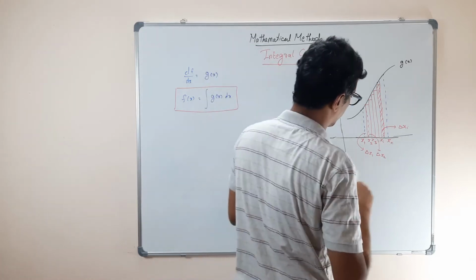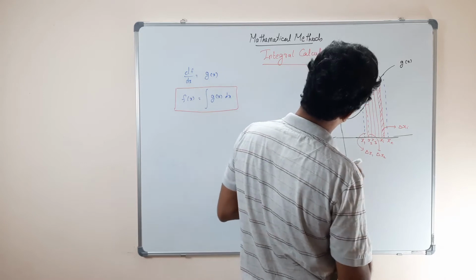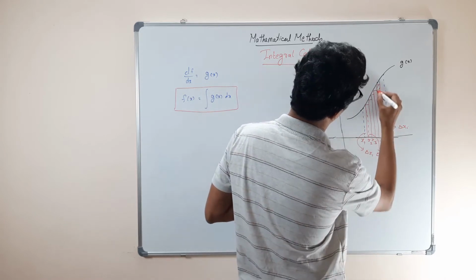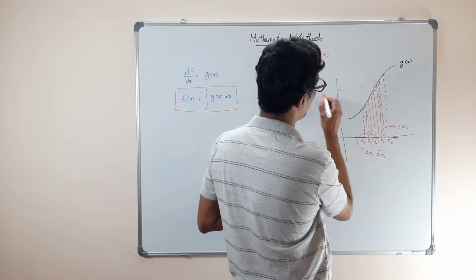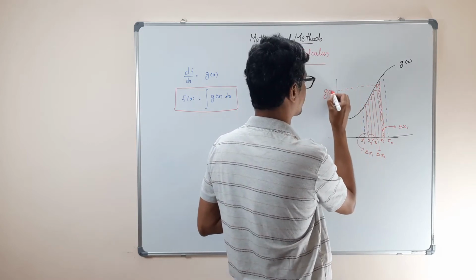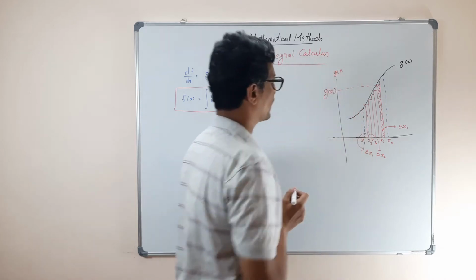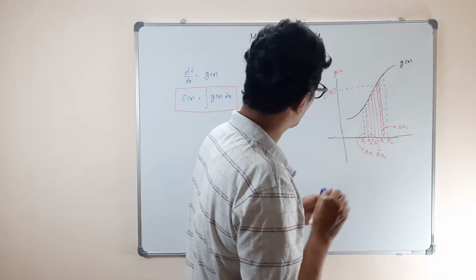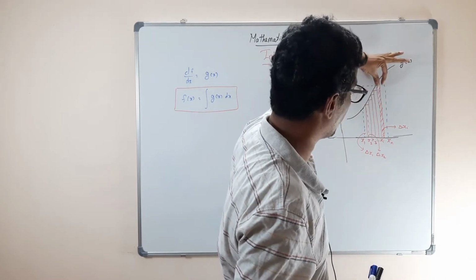So this is xi, correct? So this height will be g of xi, because the curve is g of x. So the length is g of xi and the breadth is delta xi.